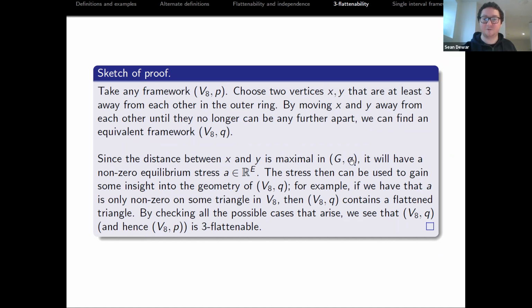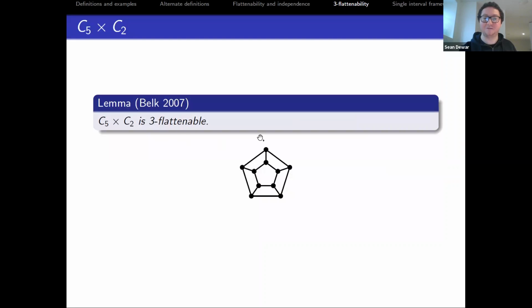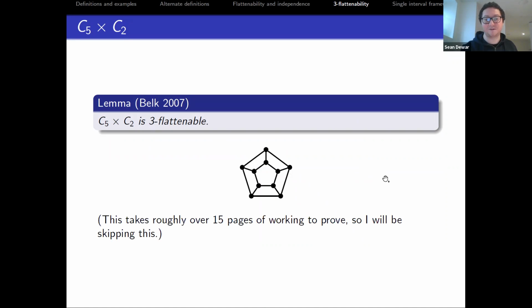We can also do a similar argument for C5 cross C2. There's a similar method: you put a strut between two of them, you extend it out, you look at the stress you get, and then you boil it down into individual cases. But I'm not going to go into this because it takes about 15 pages of working to prove. There are a lot of cases to check.